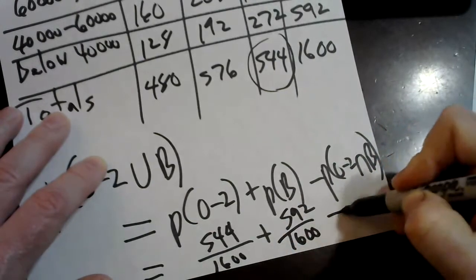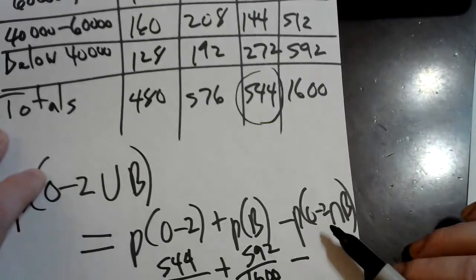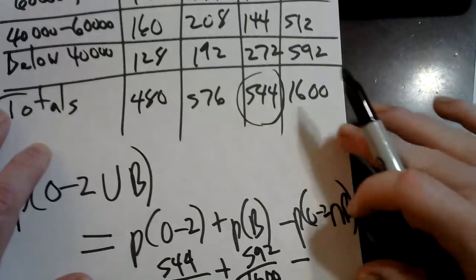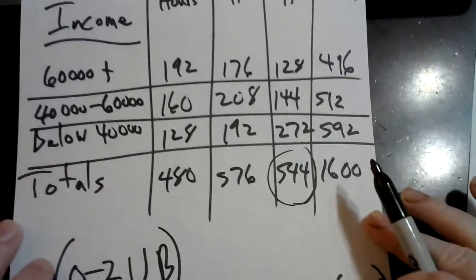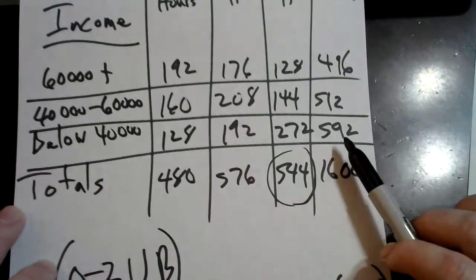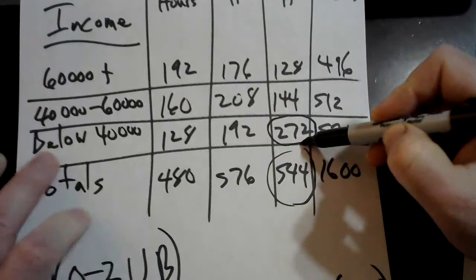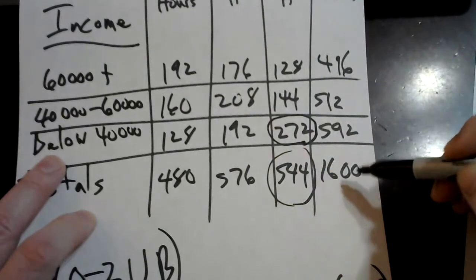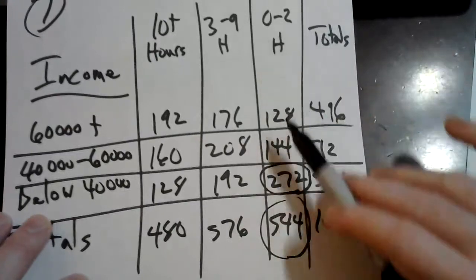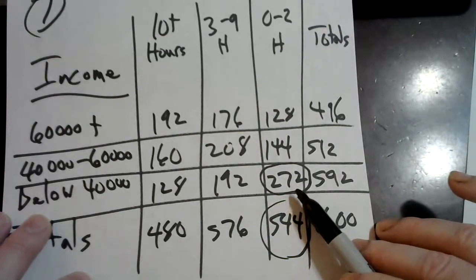All right. Now let's find the probability the person is on the internet between 0 and 2 hours per month and makes below 40,000 per year. Well, here what you have to do is find the number that is in the intersection of this row and this column. So it looks like there are 272 people out of 1,600 that make below 40,000 per year and at the same time shop on the internet between 0 and 2 hours per month. So the last probability is a little bit tricky.